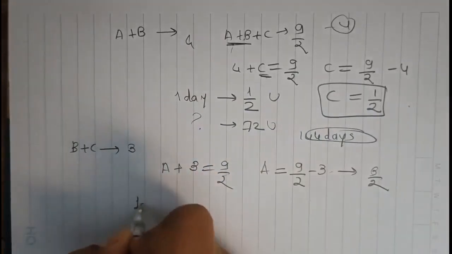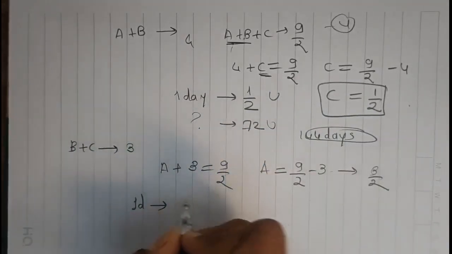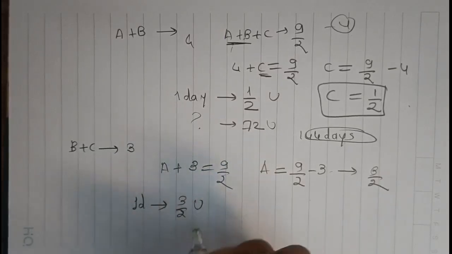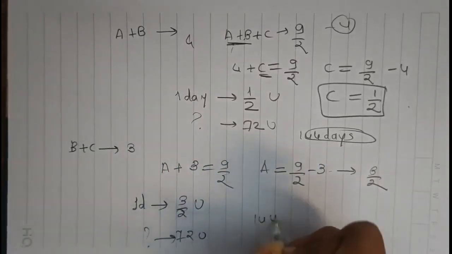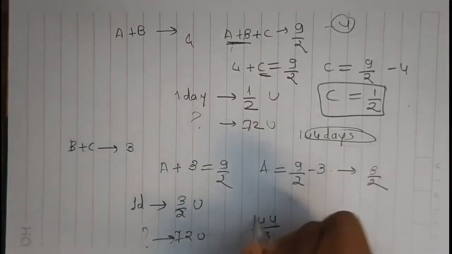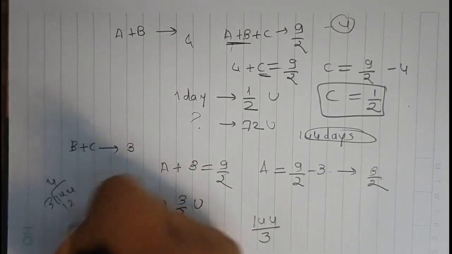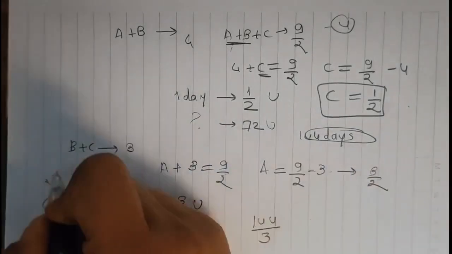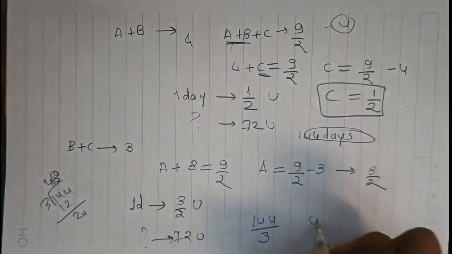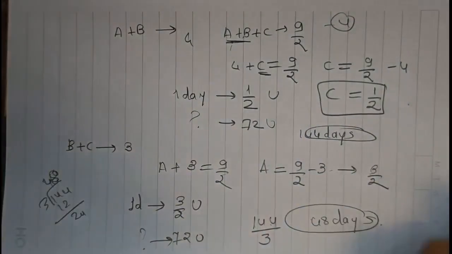So in one day a can complete 3 by 2 units. So 72 units will be completed in how many days? That is 144 by 3, which is 48. So 48 days are necessary for a to complete the total work.